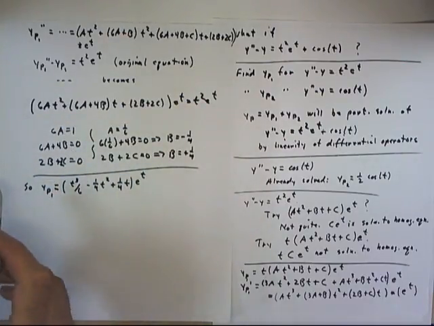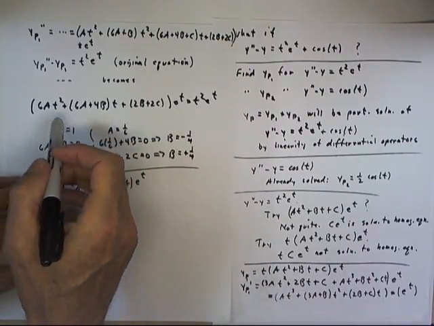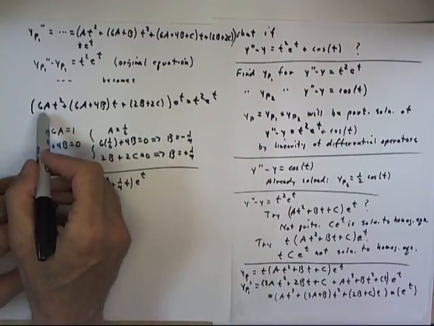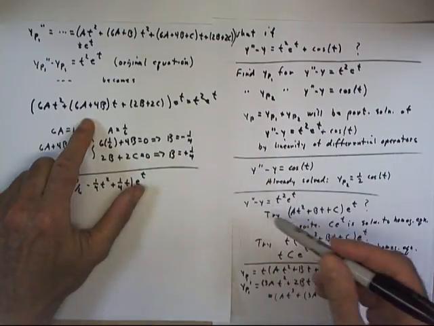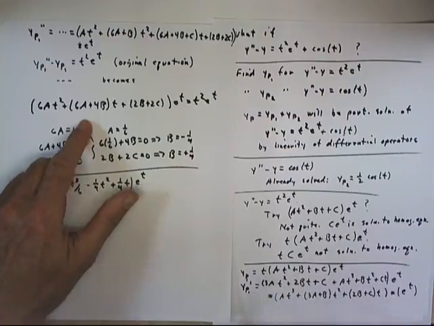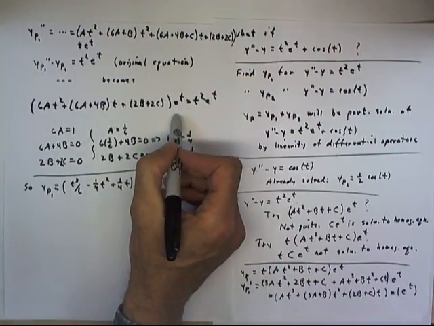Okay, if we do that, taking the expressions for yp double prime and yp, again you can check, the result ends up like this. I'm not going to read it to you. You can see it. All we've done here is take yp double prime and subtract the expression for yp, so that our equation becomes this.